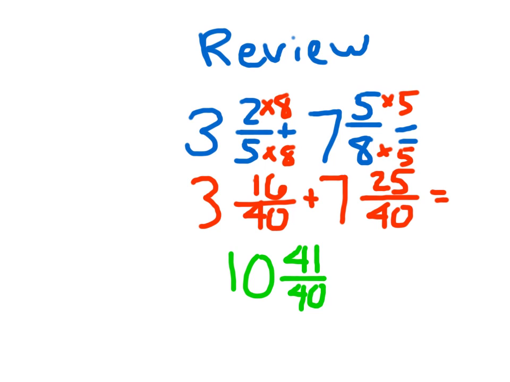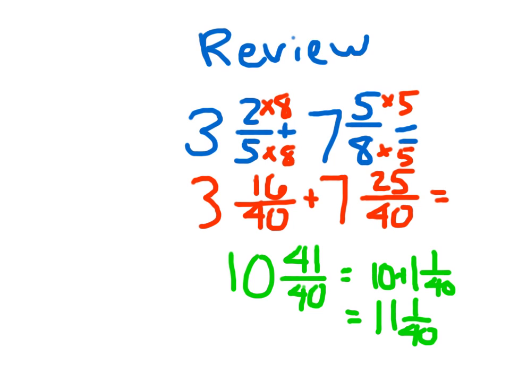Is 10 and 41 40ths simplified? No, it's not. 41 40ths, what does it equal? Oh, you're right, it does equal 1 and 1/40th. If we put that together with 10, what do we get? 11 and 1/40th.